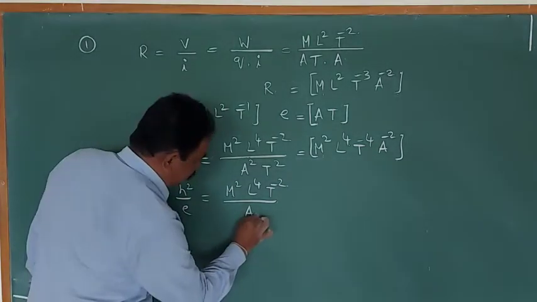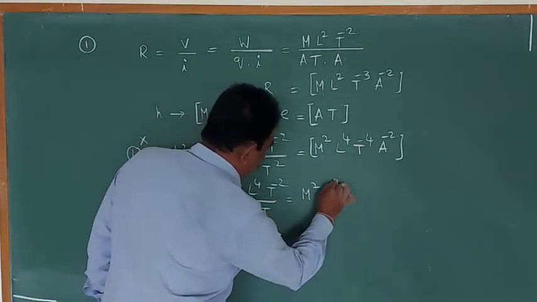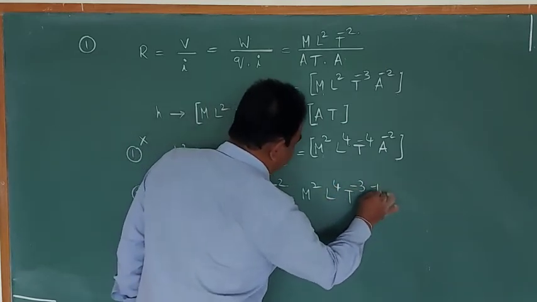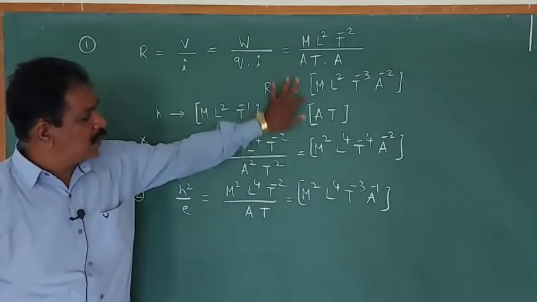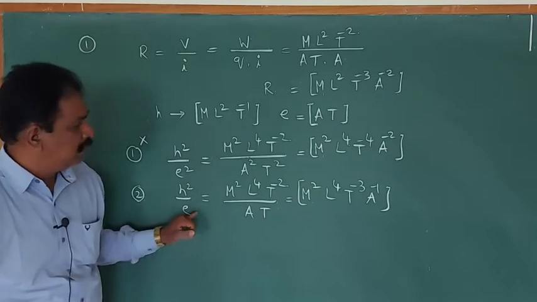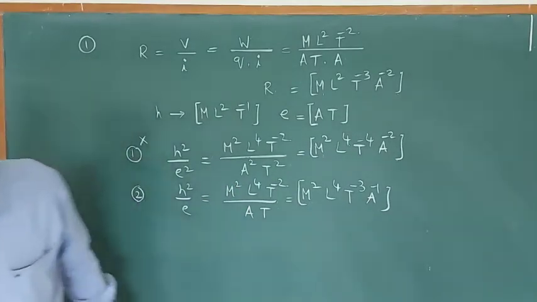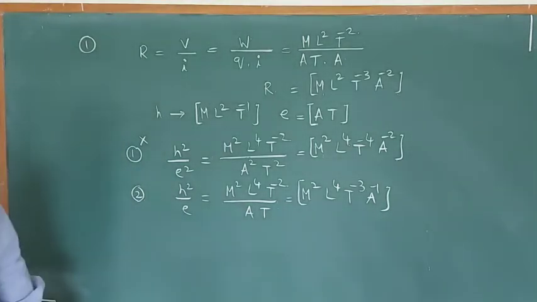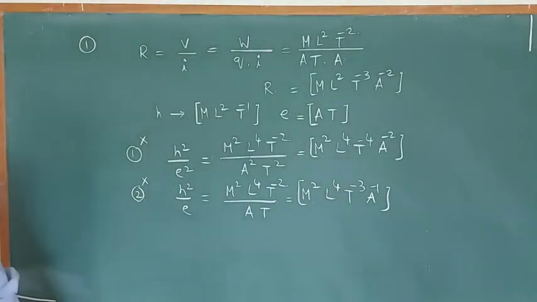E value will be AT, so it becomes M square L power 4 T power minus 3 A power minus 1. Compare these two, R and h square by e. These two also do not have the same dimensions. Clear? So the second option is also wrong. This is not the answer. Next.